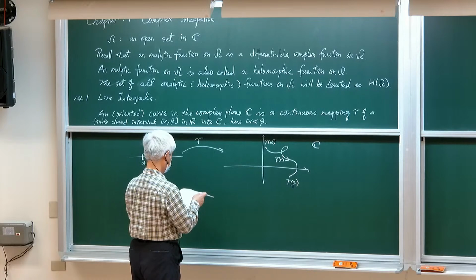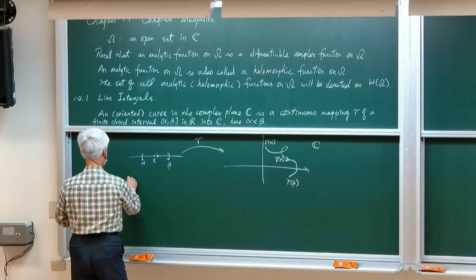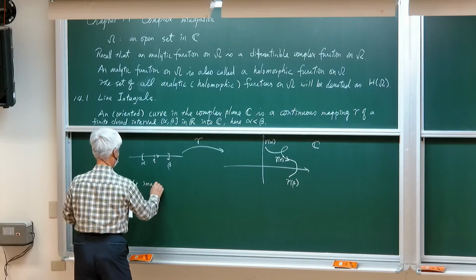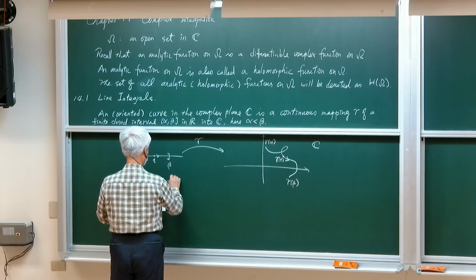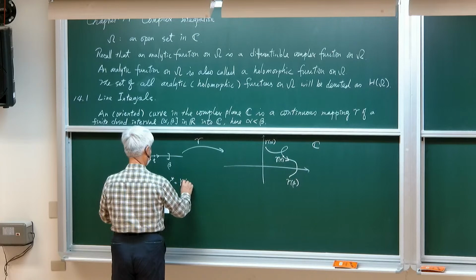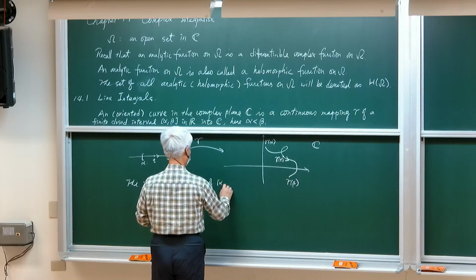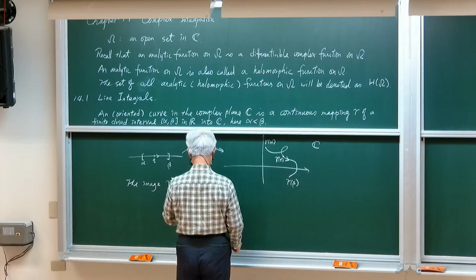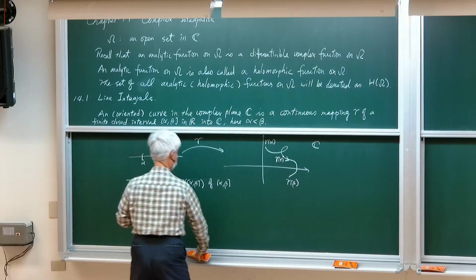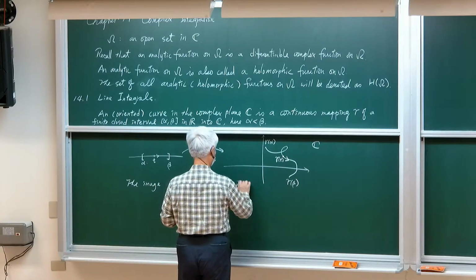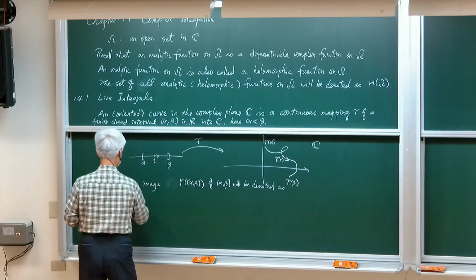And so the image, which is just the image of the interval alpha, beta, will be denoted as gamma star.